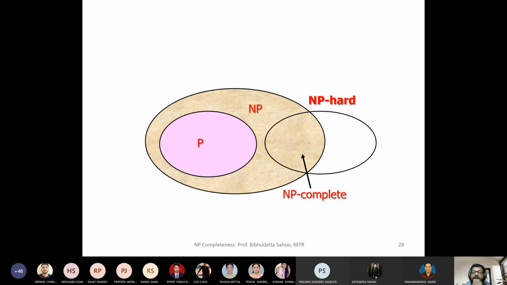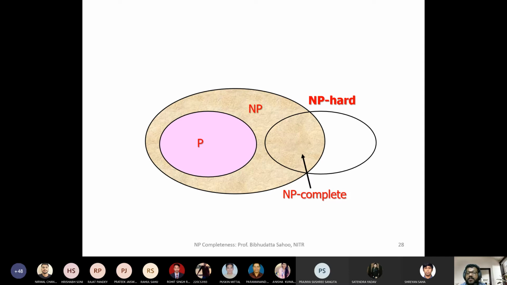Sir, you said that an NP complete problem is one to which all other NP problems can be reduced. No, we are coming to that, but first a problem resides in NP, and those problems are proved. Suppose there is a problem which is proved to be NP complete.